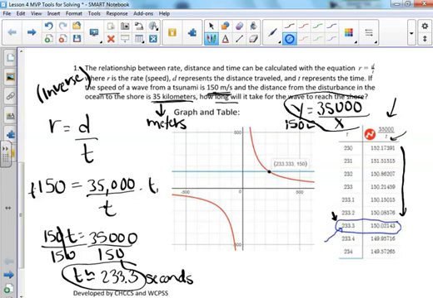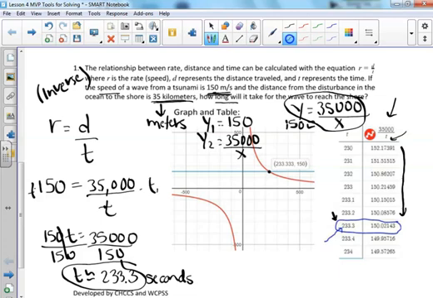Using the same thing I plugged into my y1 in my calculator, I then graphed it. So we have one inverse function and one line. So what I actually typed in y1 was the left side of 150, and in y2 I typed in the 35,000 divided by x.